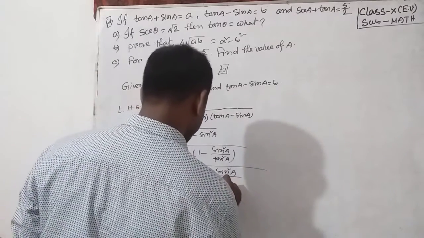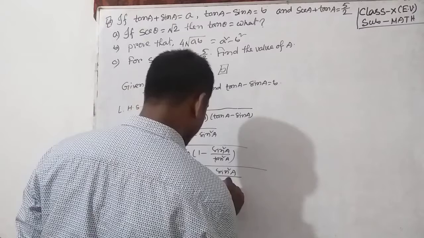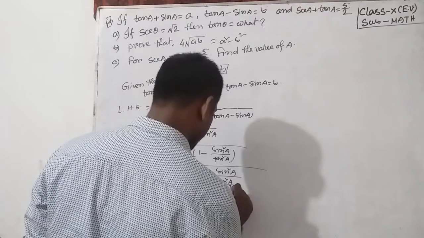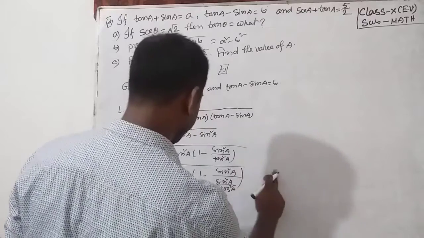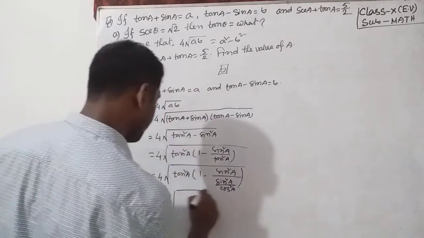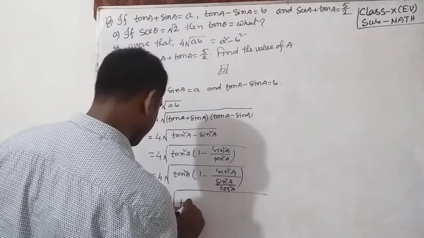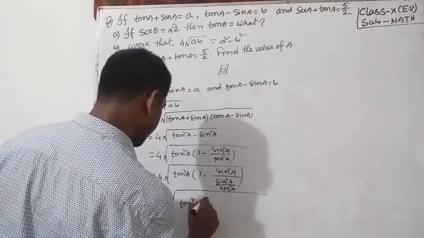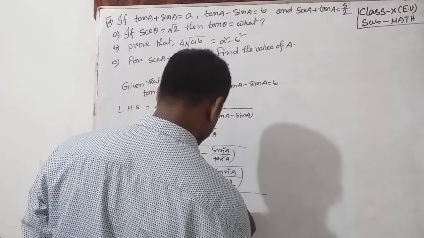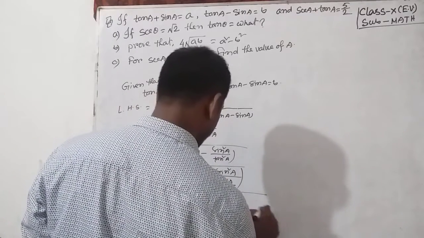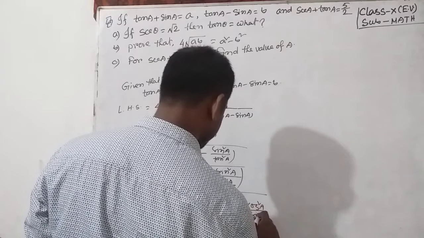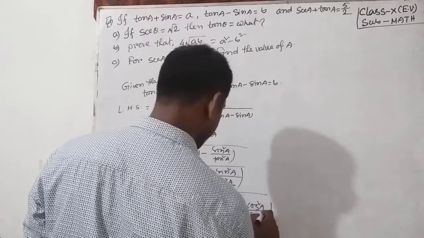So we can write 4 root over tan square a, 1 minus sin square a into cos square a by sin square a.